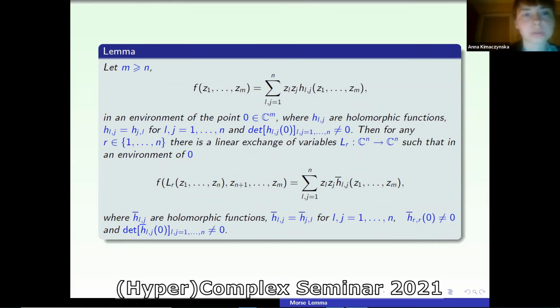Now we introduce some lemmas needed to prove the Morse lemma for the holomorphic function. Let m be greater or equal to n, f of z equal the sum from l, j equals 1 to n of z_l z_j h_lj of z in an environment of the point 0 in C^m, where h_lj are holomorphic functions, h_lj is equal h_jl for l, j from 1 to n.